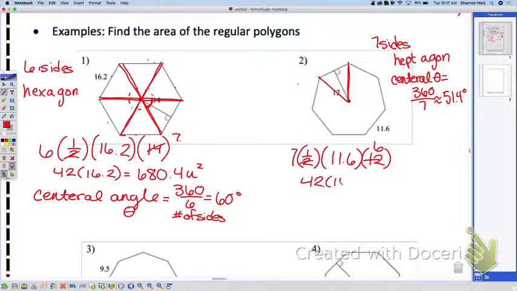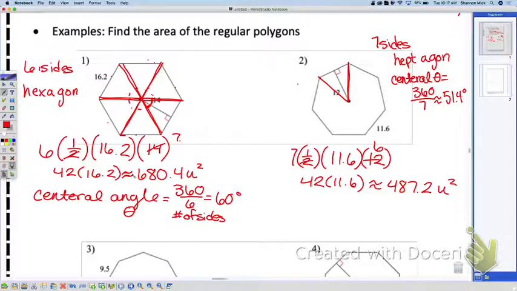So 42 times 11.6, which I don't have written down, 487.2. So approximately 487.2 units squared. Now make sure you're putting approximately, not equal, because I did take off on your quiz on that. Because we are rounding them, right?